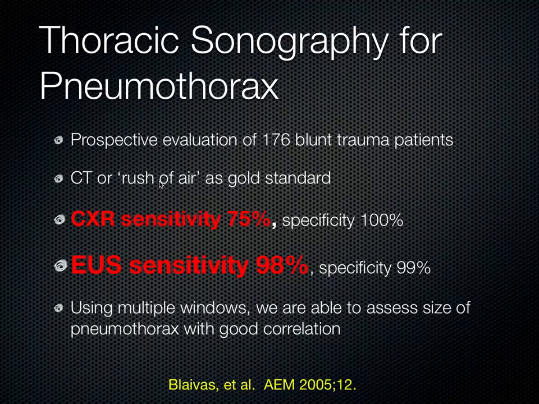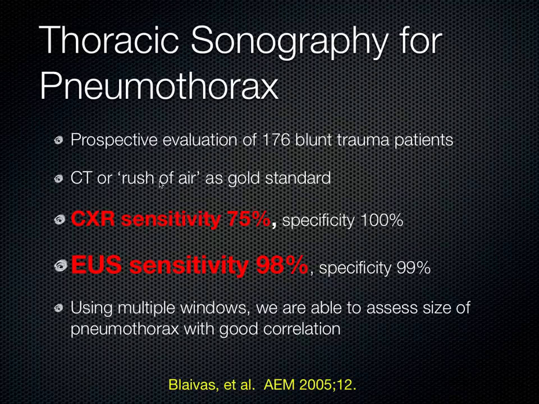Essentially, they looked at CT or rush of air as the gold standard to represent pneumothorax and compared it with ultrasound's ability to pick up the pneumothorax. Chest x-ray was 75% sensitive, but obviously if you saw it, it was there, 100% specific. Emergency ultrasound was 98% sensitive and 99% specific. Therefore, the sensitivity is far superior in ultrasound compared to chest x-ray in this population.